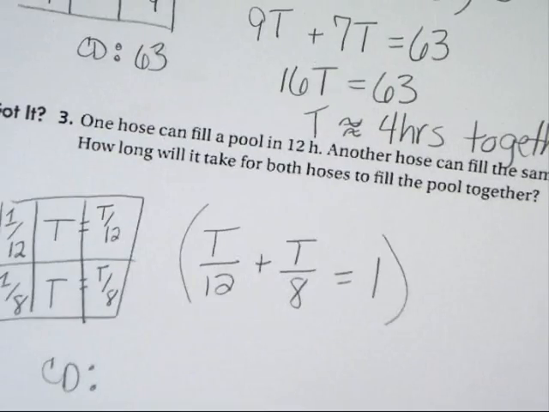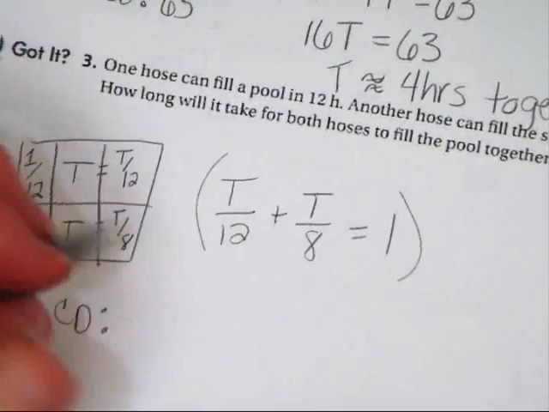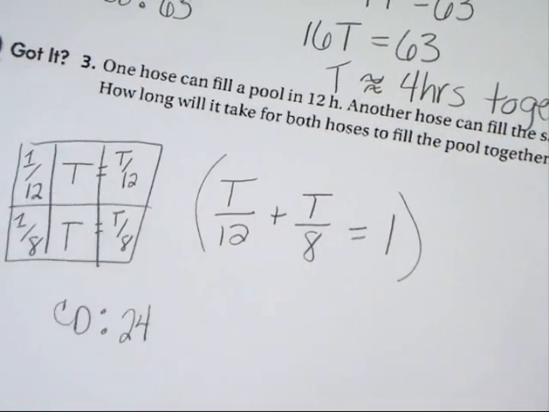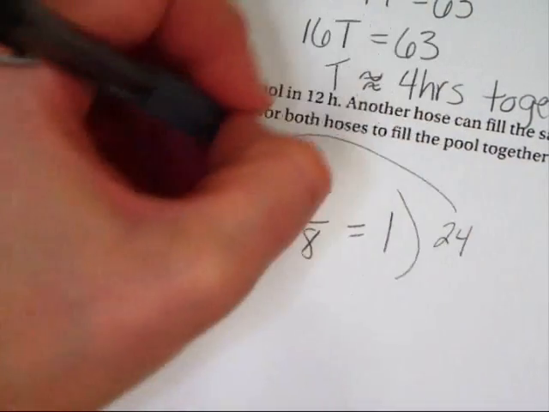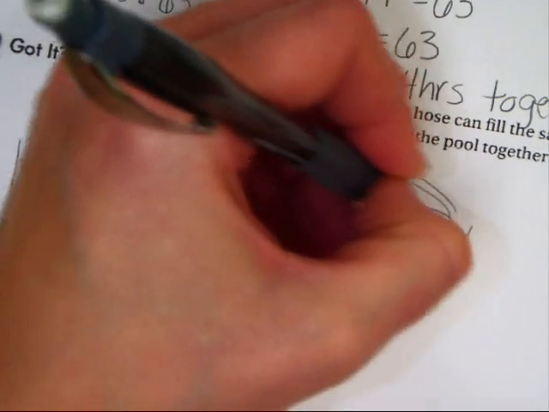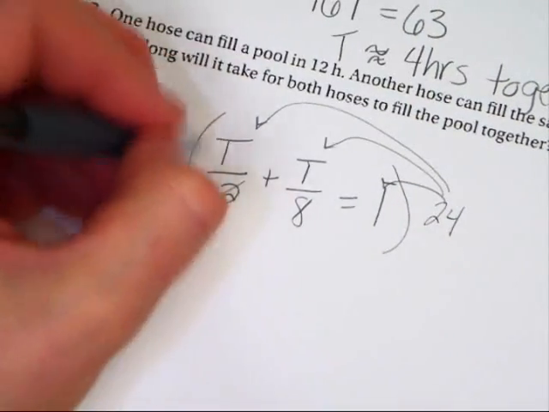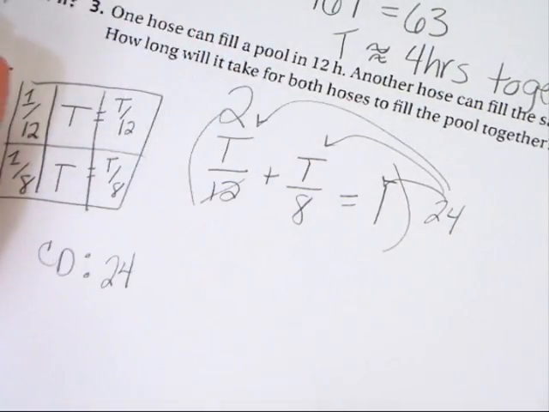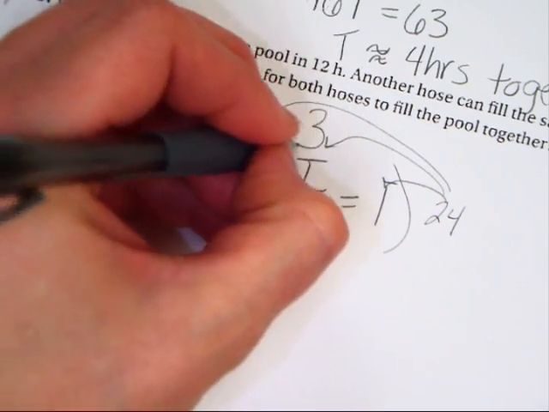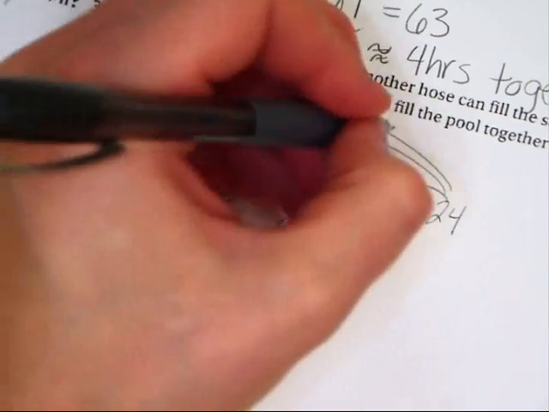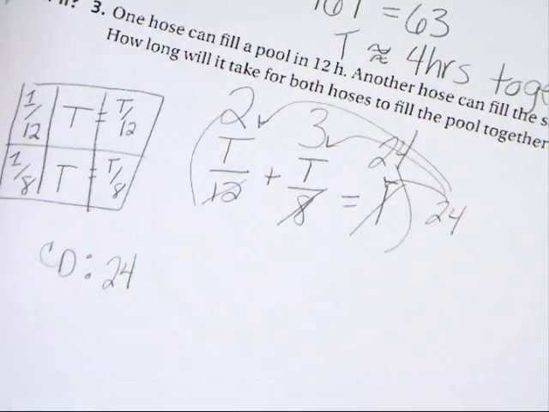The common denominator between 12 and 8 would be 24, because 12 goes into 24 and 8 goes into 24. The 12 would cancel, and this would need a 2. The 8 would cancel, and that would need a 3. The 1 would cancel, and that needs a 24.